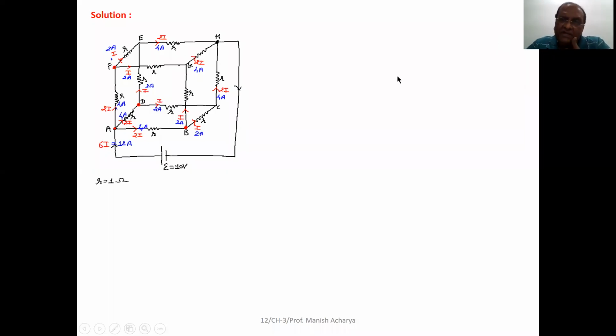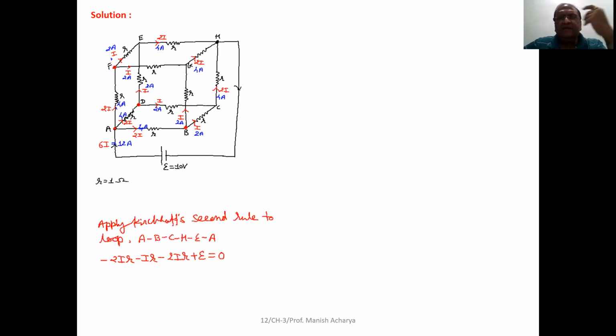Now here, using Kirchhoff's first rule, the distribution of current is made in different branches. Now let's use Kirchhoff's loop rule.